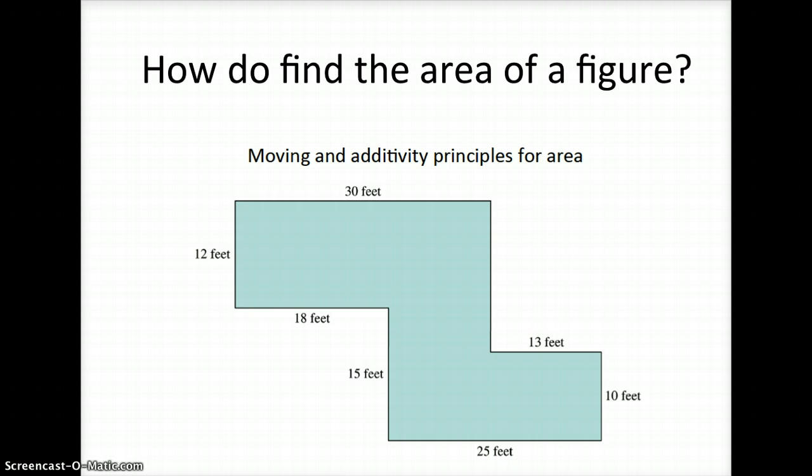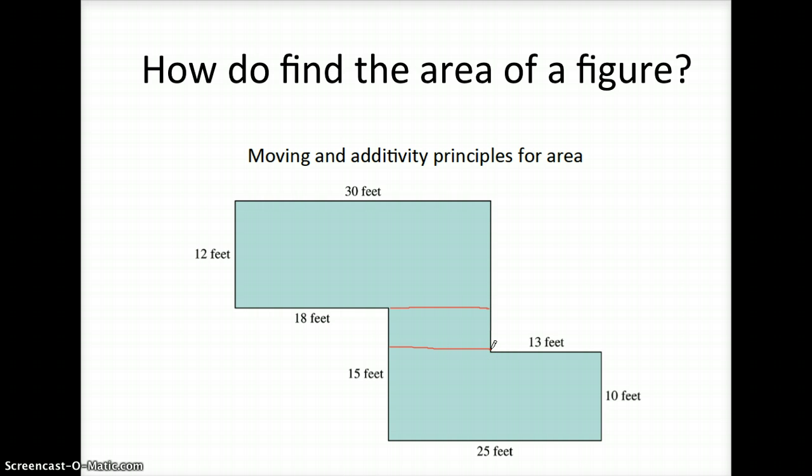But I wanted to take a look at a problem like this, where we might find a figure that has an irregular shape. And we want to be able to use this moving and additivity principle in order to find area. And so we might think of finding the area by taking a figure like this and breaking it up into a number of different rectangles.